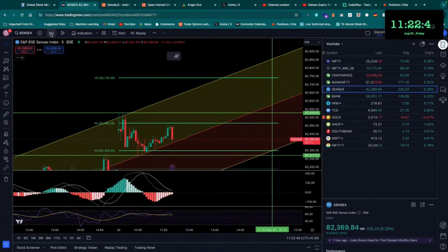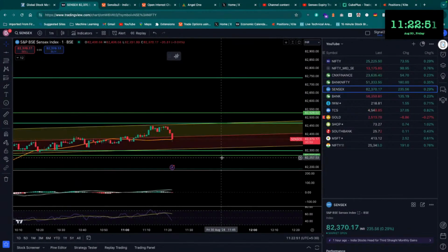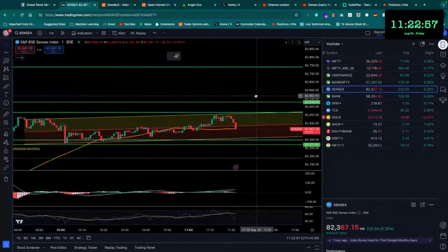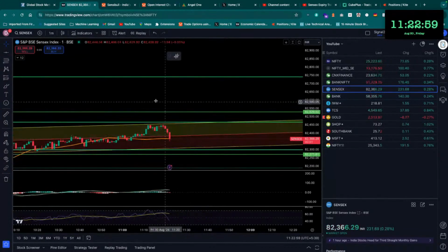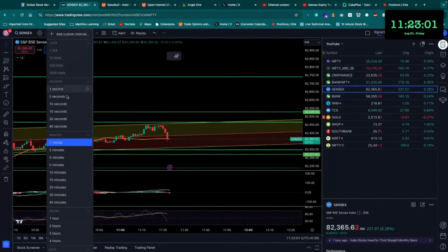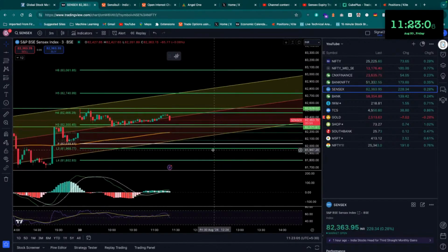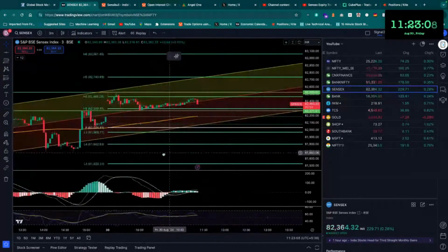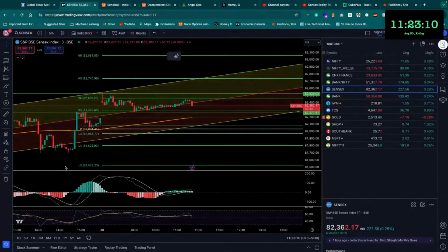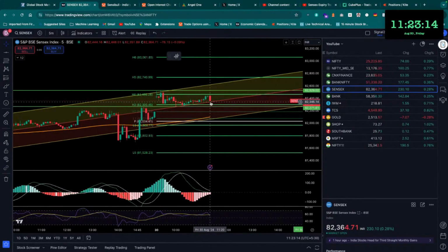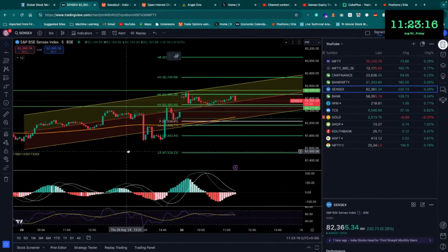Let's look at 1 minute. So I said if this goes below this line, then I would be very careful on the PE.